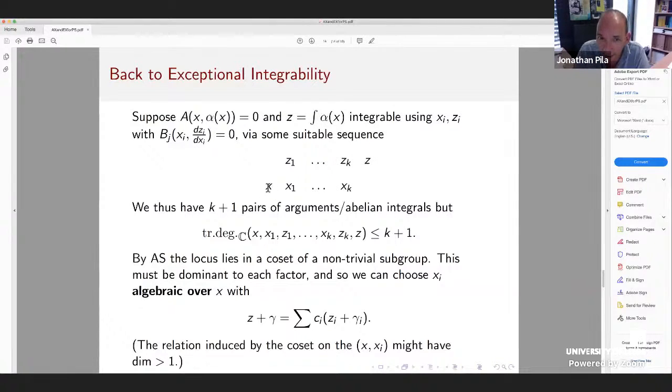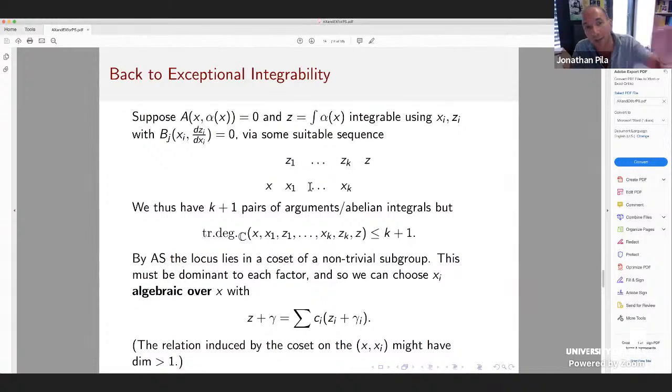You start with x, and then either x1 or z1 is an algebraic function of x, and the other one is determined by the differential equation. I see. And then you can add something else, one of x2 and z2 is algebraic over all of that.